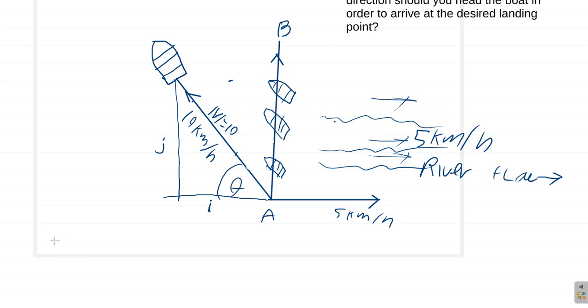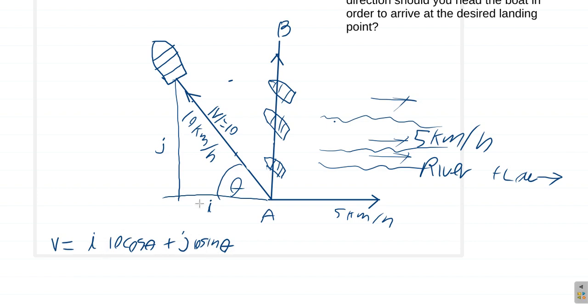Now, V, the velocity, is I times the magnitude of V, 10 cos theta, plus J, the magnitude of V, 10 sin theta. Alright, good.